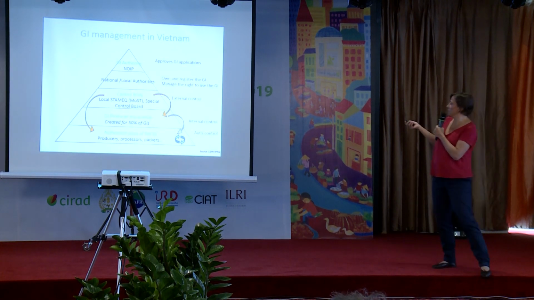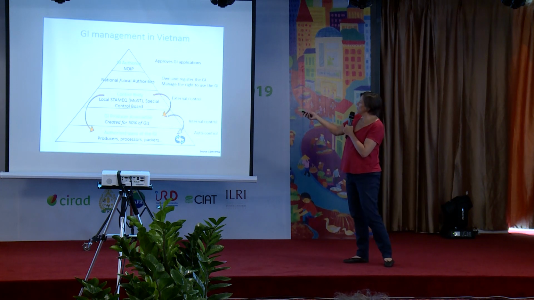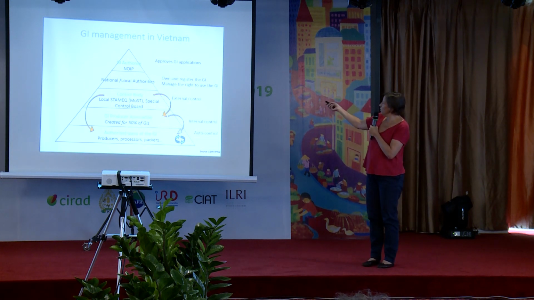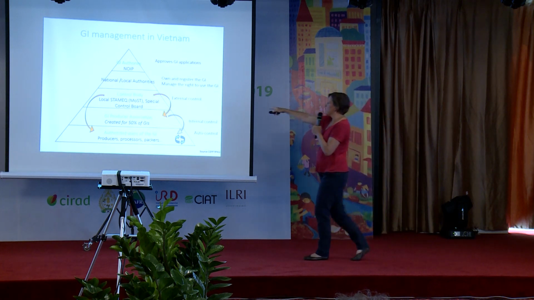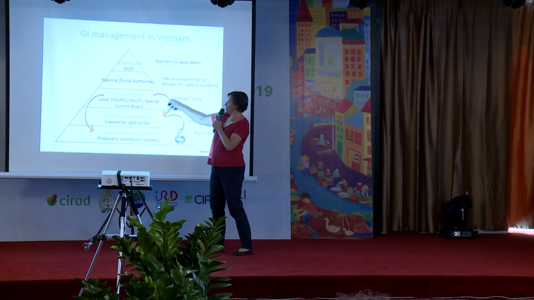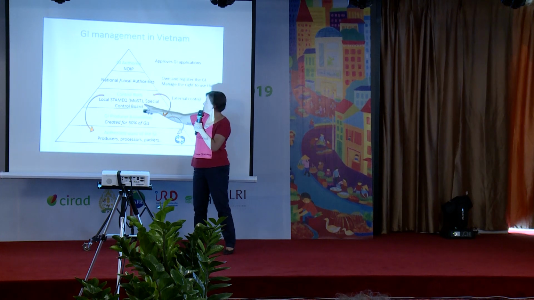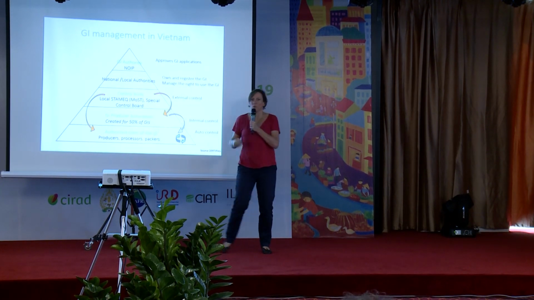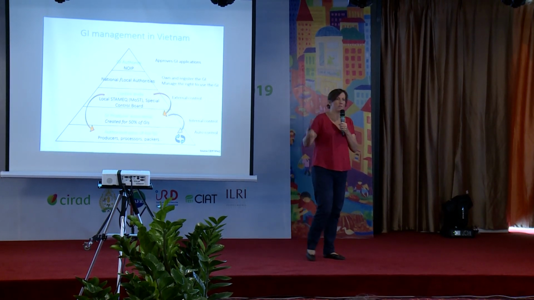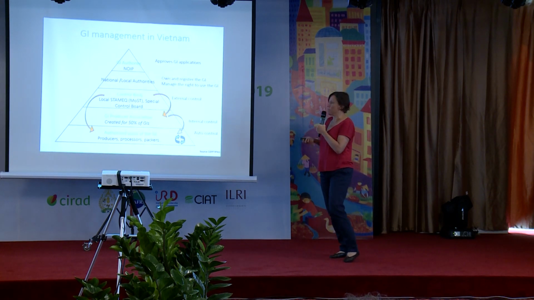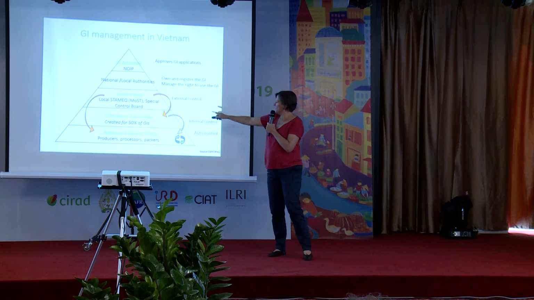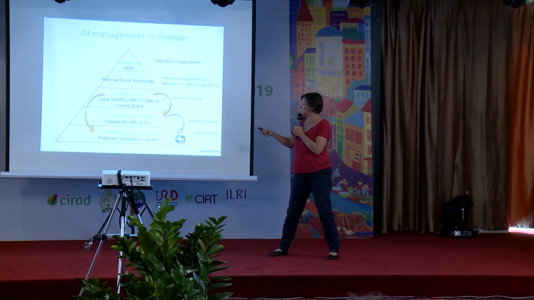So here we have the case with national local authorities that own and manage the right to use the GI, and then this kind of external control with people from DOST, and a special control board with users and experts that we don't really know, well, the composition can vary, and then internal control and auto-control.